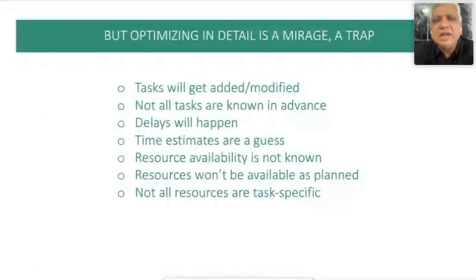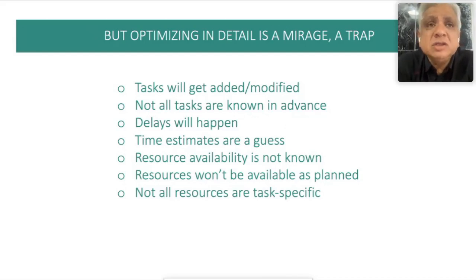So the cycle you get into with that optimization frame of mind is you say, hey, we need to do the optimization. So let's make sure, so it builds upon the perfect world assumption, that we understand everything about our projects. The reality is you cannot. And then you go into optimizing in detail.